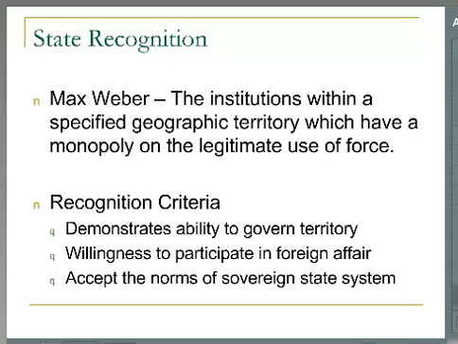So on the international scale, external legitimacy is determined by whether or not a state can demonstrate an ability to govern its own territory. If it claims to control a territory, but it cannot enforce its monopoly on the use of force in that territory, it's difficult for that state to claim its sovereign rights.